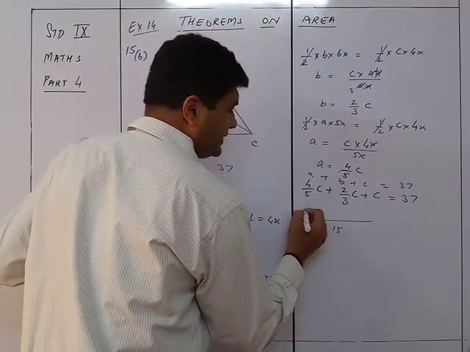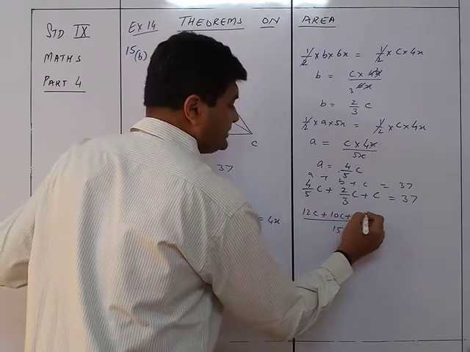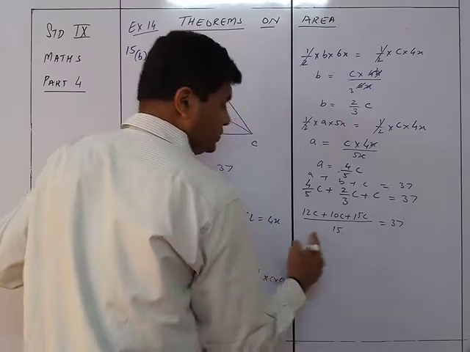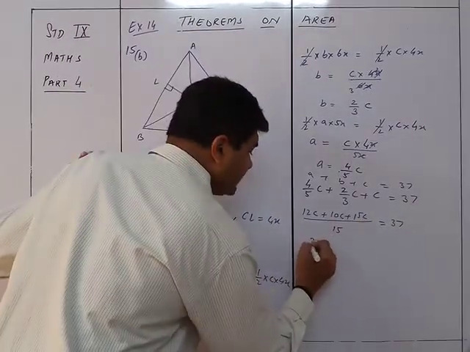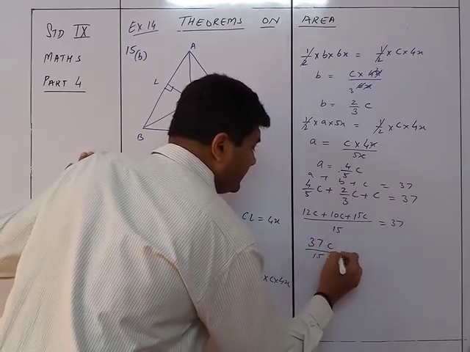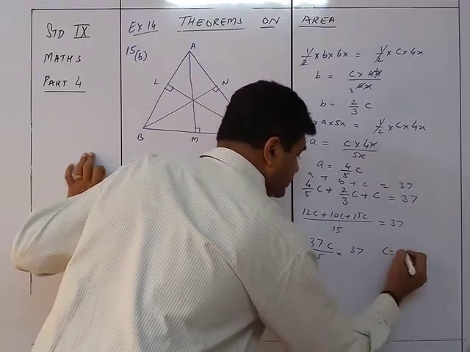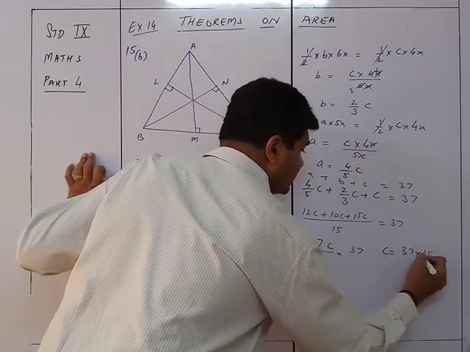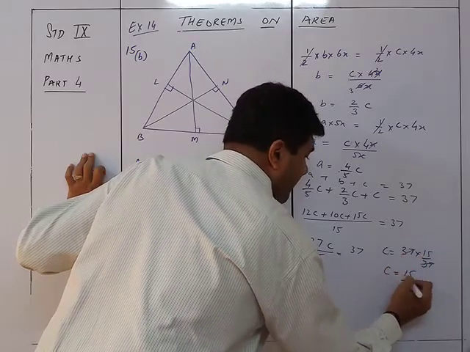This will be as 12C plus 10C plus 15C is equal to 37. So that is 37C upon 15 is equal to 37. So C is equal to 37 into 15 upon 37. So C is equal to 15 centimeters.